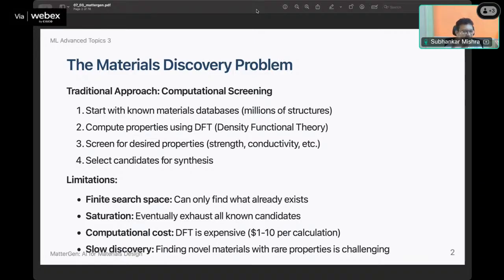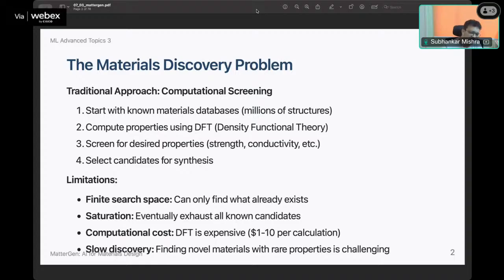This is called computational screening. We can take a database of known structures, and there are material databases, like those we have discovered in this course, with millions of structures, and we can compute properties on top of them.